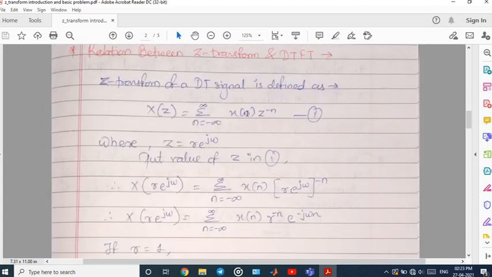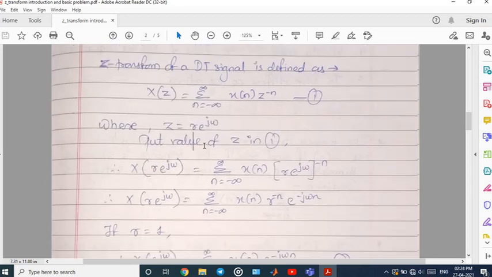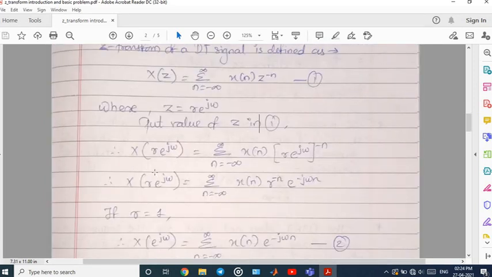So we know that z is nothing but a complex variable. We can denote z as r into e to the power j omega. So put this value of z in equation number 1. Put z equals r into e to the power j omega, so z will become r into e to the power j omega, and z to the power minus n will become r into e to the power j omega, whole to the power minus n.